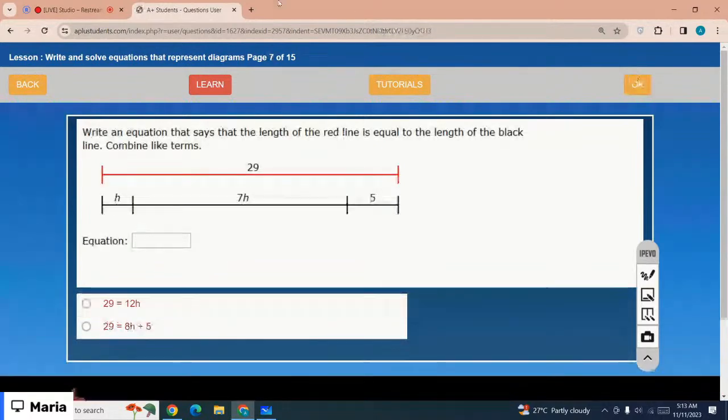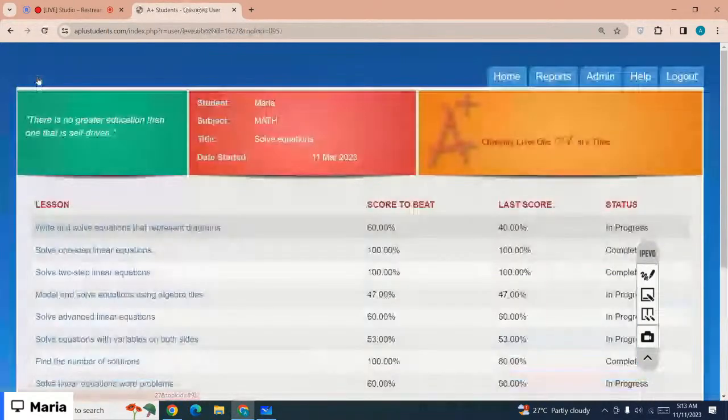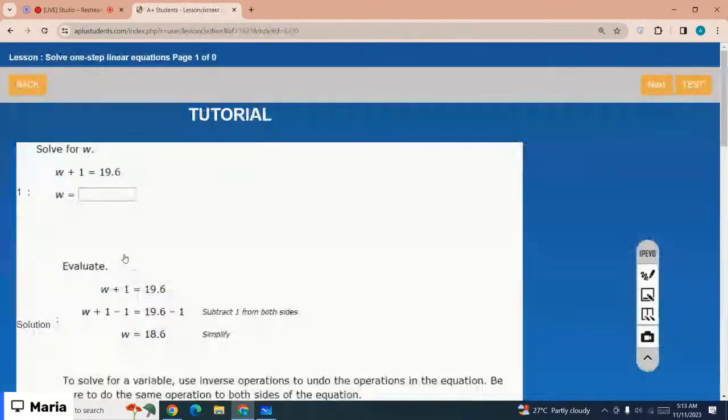The next lesson is solve one-step linear equations. Let's start with the lesson. You are given the equation w plus 1 equals 19.6.